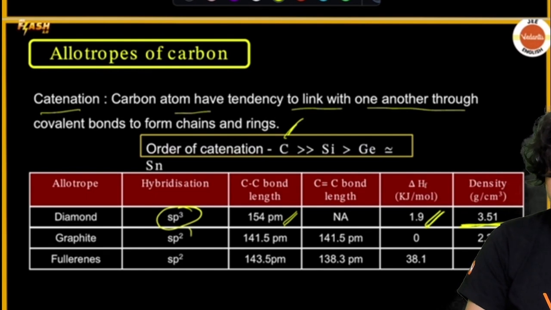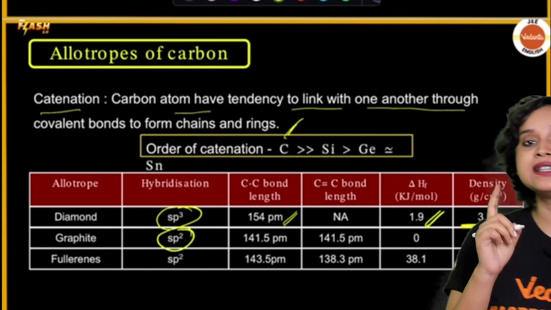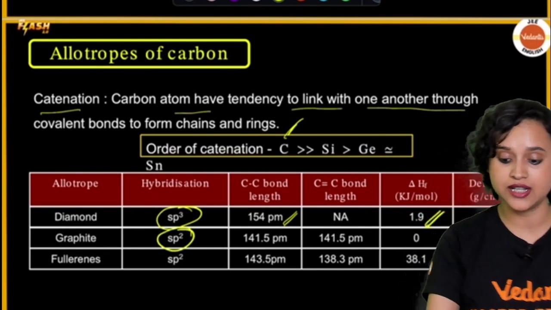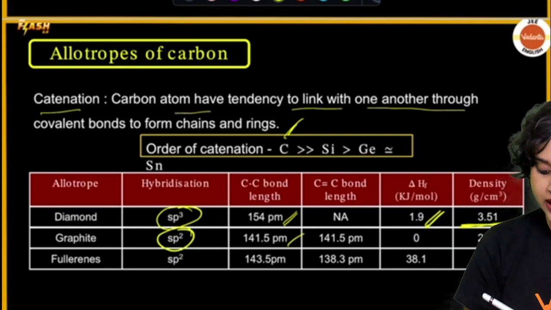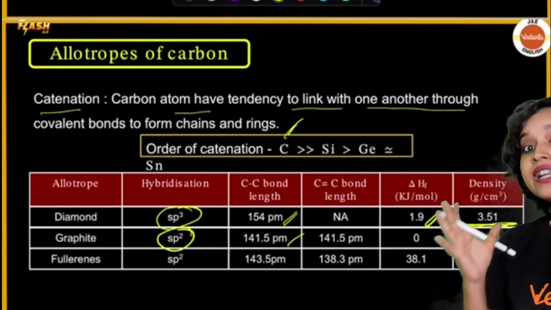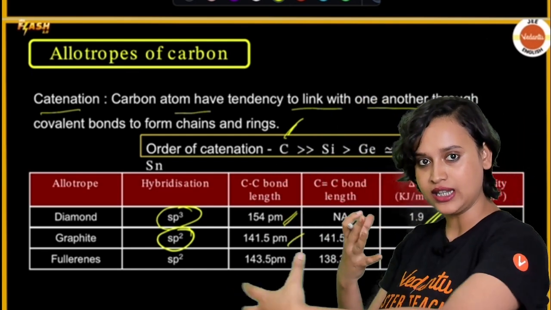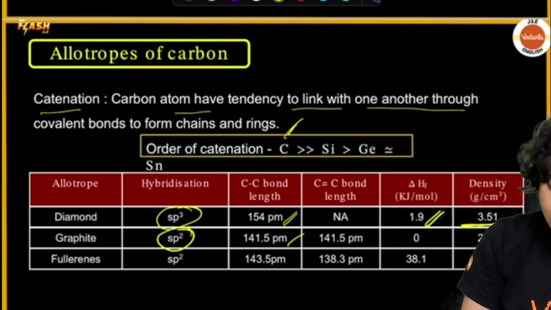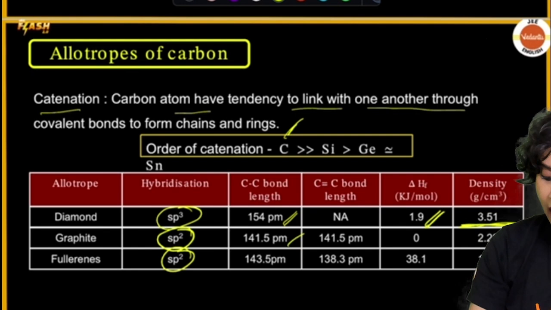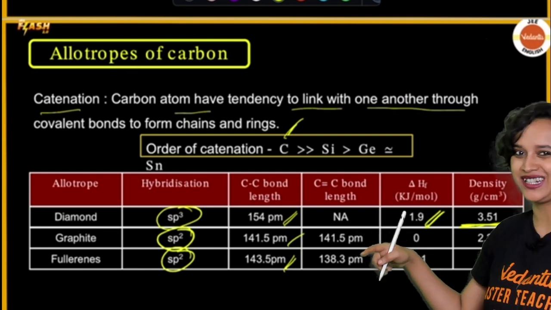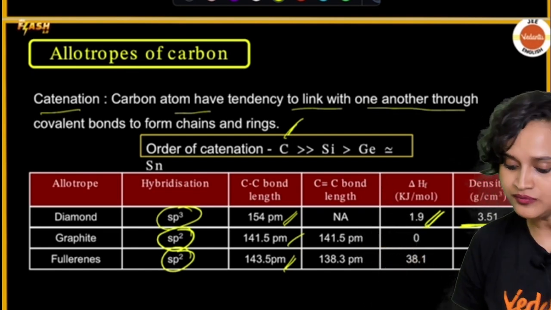Now we come to graphite. In graphite, the hybridization is sp2 and the C-C bond length is 141.5 picometer. Similarly for fullerenes, Buckminster fullerene, the one that looks like a football, you also have sp2 hybridization and the C-C bond length is much similar to graphite, 143.5 picometer, whereas in graphite it is 141.5 picometer.